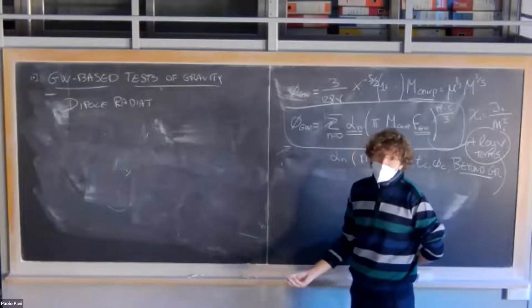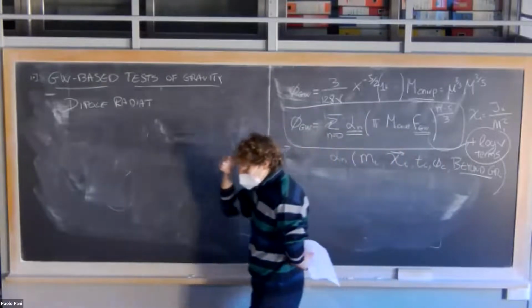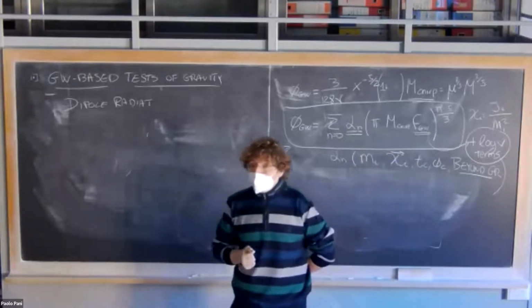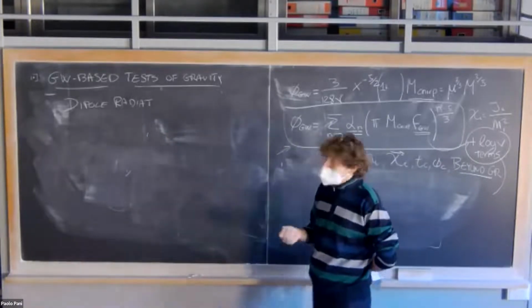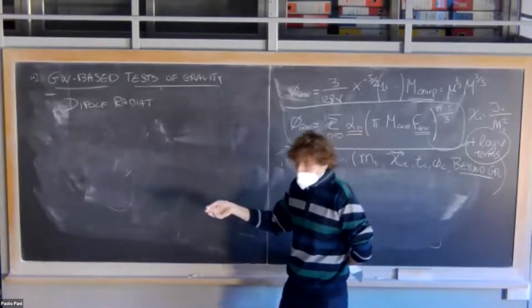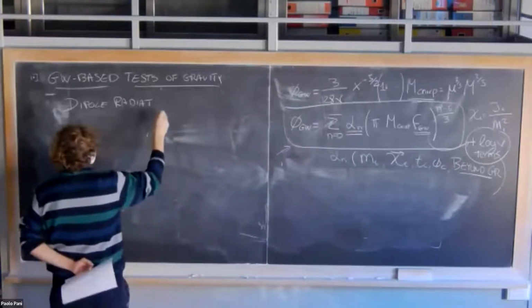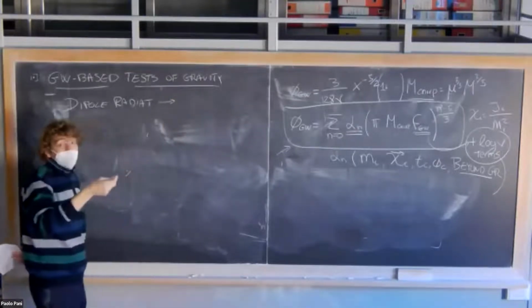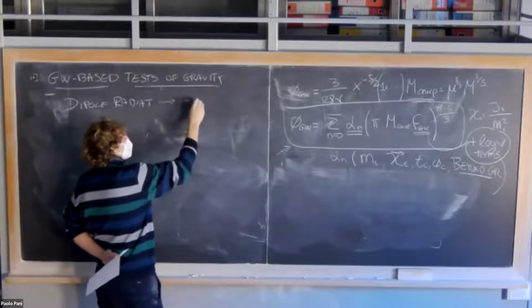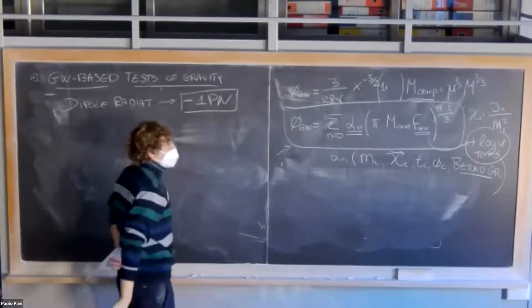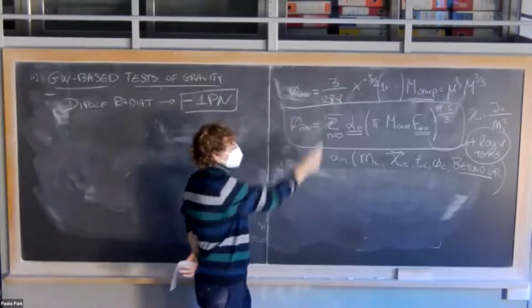But it does not need to be the case. If there are extra polarizations in alternative theories, there might be dipolar radiation. There might be a scalar mode, for example, that will produce dipolar radiation. Dipolar radiation, being a dipolar term, enters at order minus 1 PN compared to the leading order Newtonian contribution.